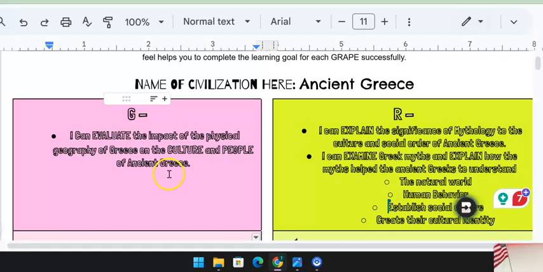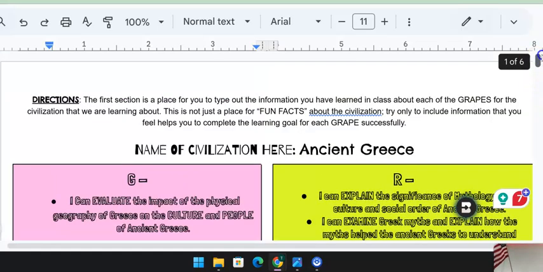So this first part of the graphic organizer chart, it is important for you to understand for our notes, this is not just a place to put cool, fun facts. Can you do some of that? Yes, but our main goal here is to include information that we feel helps us to complete the learning goal for that section.